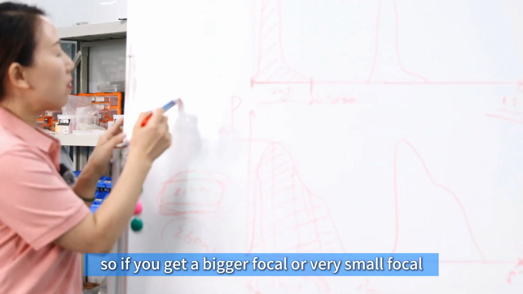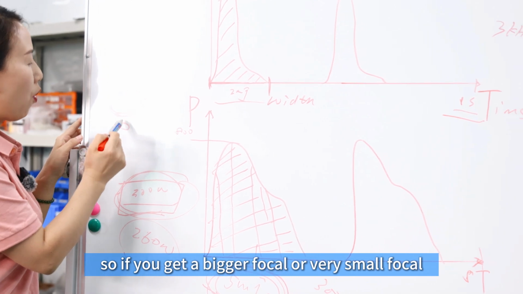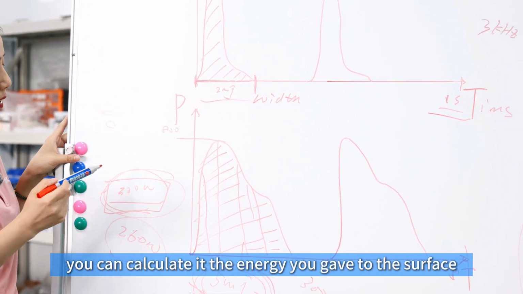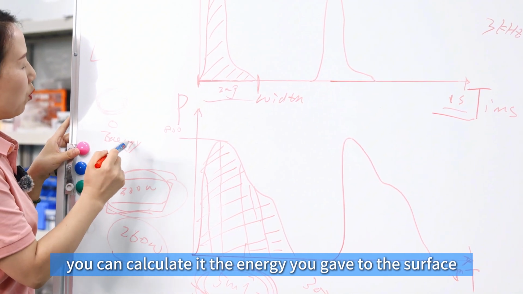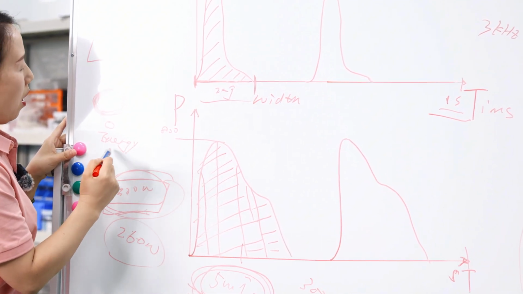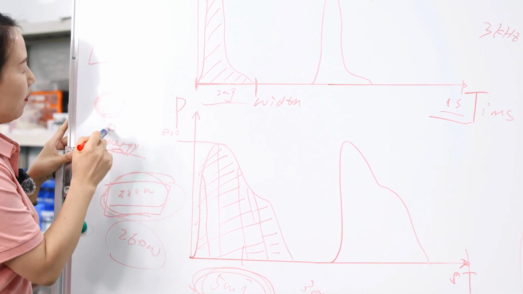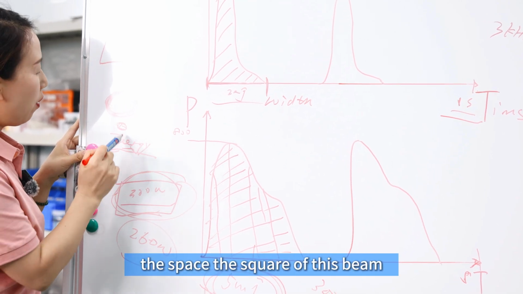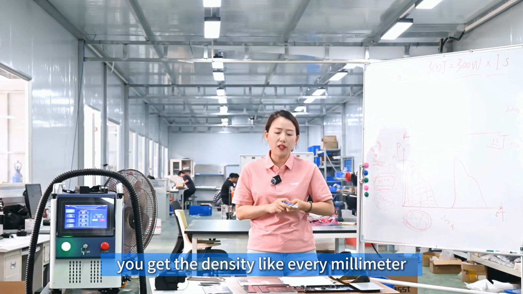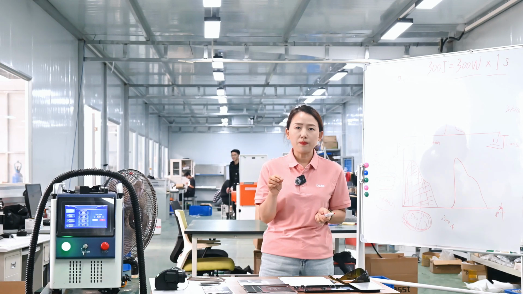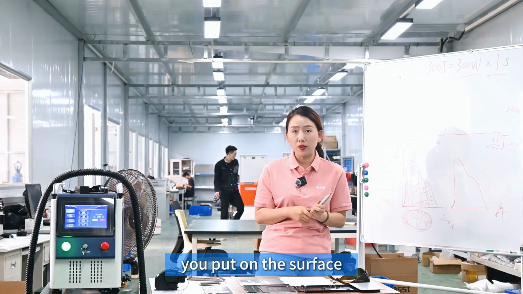If you get a bigger focal or a very small focal, you can calculate it. The energy you gave to the surface divided by the area, the square of this beam, you get the density. Like every square millimeter, how much energy you put on the surface.